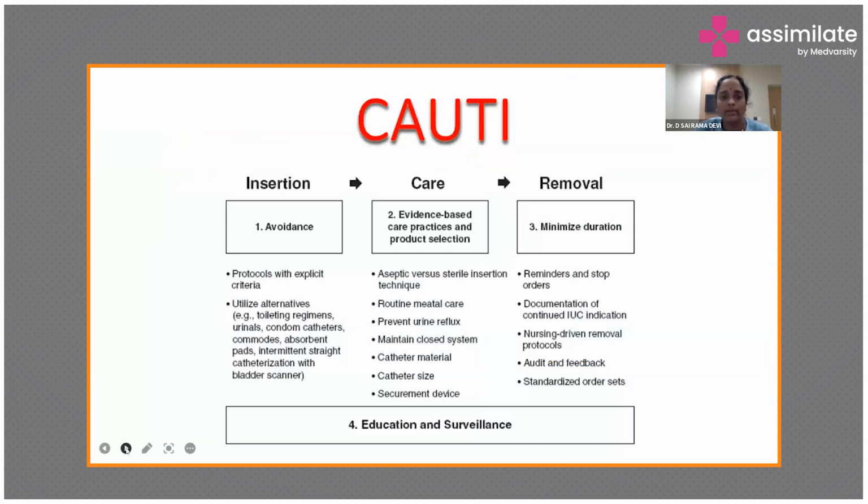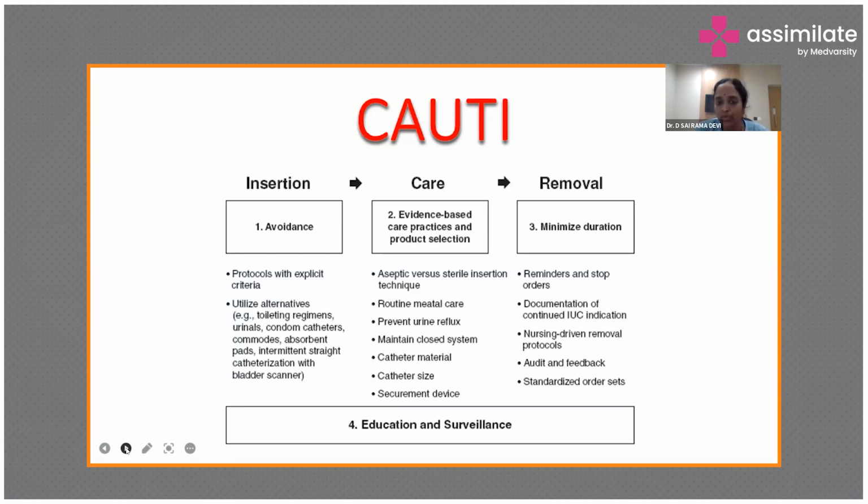So coming to CAUTI, which is catheter-associated urinary tract infection. When you are inserting, you have to follow the protocols of the institute. You have to utilize alternatives like toileting regimens, male catheters or condom catheters, and evidence-based care practices and product selections, like a sterile insertion technique, routine meatal care, preventing urinary reflux, and maintaining a closed system.